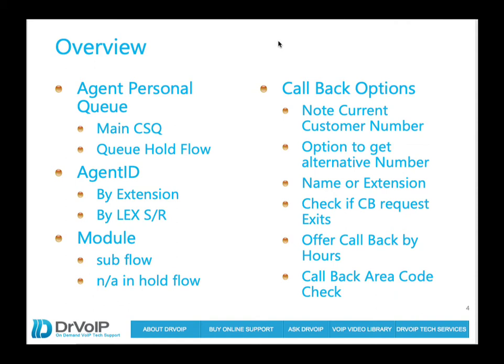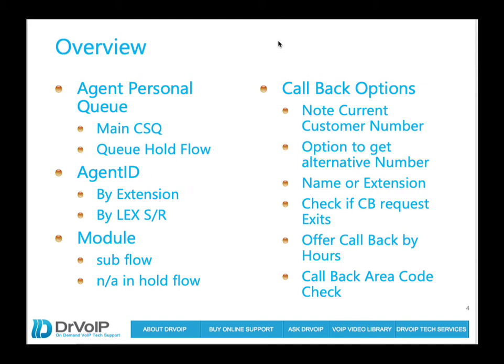Why? Because we need some place to put that caller while we are looking for an agent. Even if our agents are available, it's going to take maybe 20 seconds or so to find that agent, have them connect, and so forth. They are sitting in queue for at least 20 seconds.